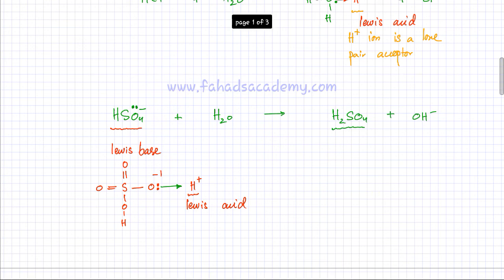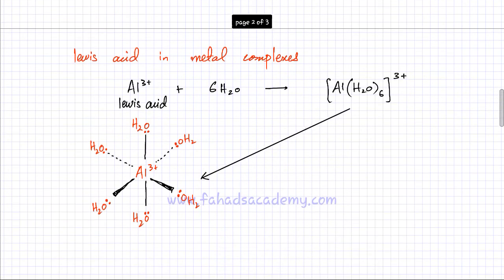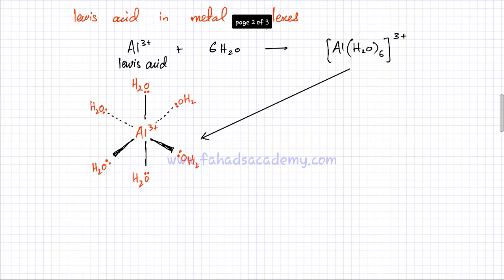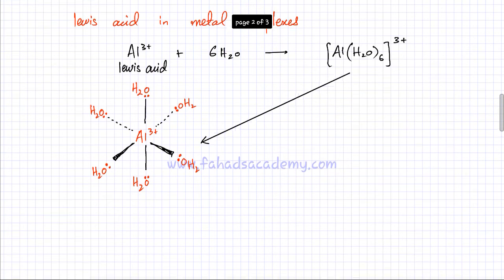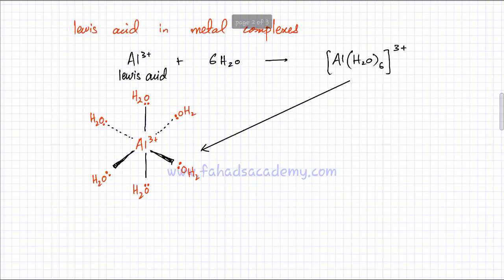Let's study the next reaction we did when we were discussing metal complexes and their formation. And I told you that if you had aluminium ions in an aqueous state in water, the lone pairs on water would be attracted to the aluminium ion, which is positively charged. So these electrons, which are negatively charged, are going to get attracted.